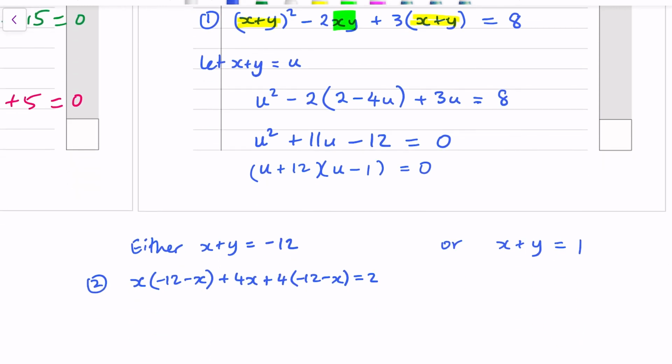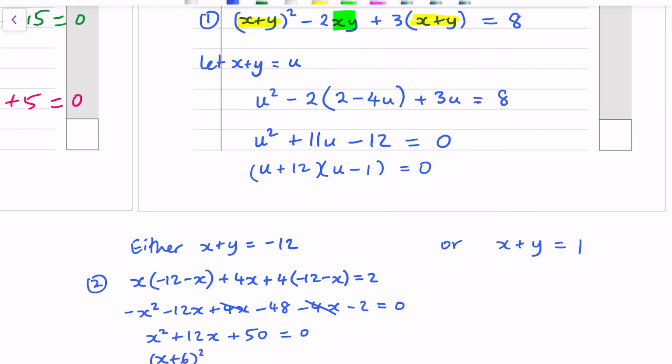And that's going to give me negative x squared minus 12x plus 4x minus 48 minus 4x minus 2 equals 0. x squared plus 12x plus 50 equals 0. I can solve it in the graphics calculator, but I need exact answers, so I'll complete the square. x is minus 6 plus or minus root 14i.